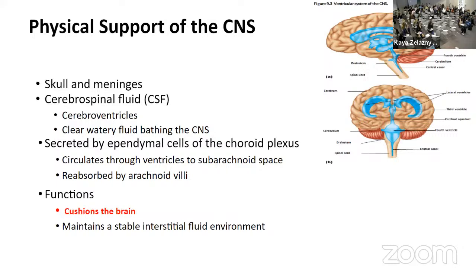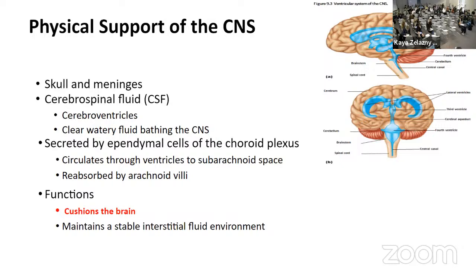On the inside of the ventricles and then spreading in the subarachnoid space, so spreading between layers of your meninges, we have cerebrospinal fluid. So this is kind of more cushioning, and it is a watery fluid that bathes the CNS and helps feed it and protect it, help that environment be kind of more controlled.